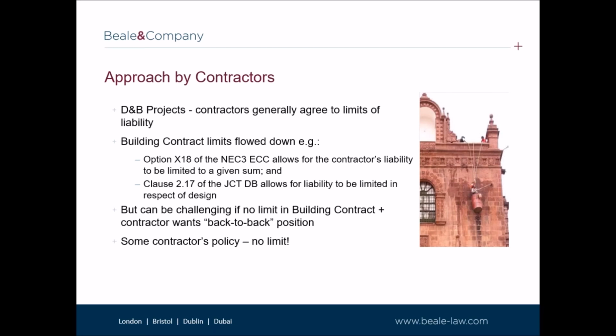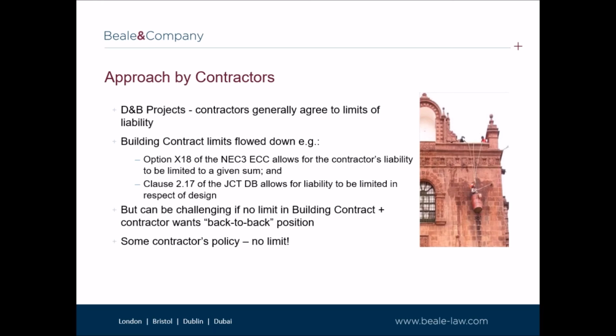Looking now at the approach taken by contractors, on design and build projects, a number of contractors will agree to limits of liability, especially where the building contract limits the contractor's liability and this is flowed down. For example, option X18 of the NEC3 engineering and construction contract allows for contractor's liability to be limited to a given sum.